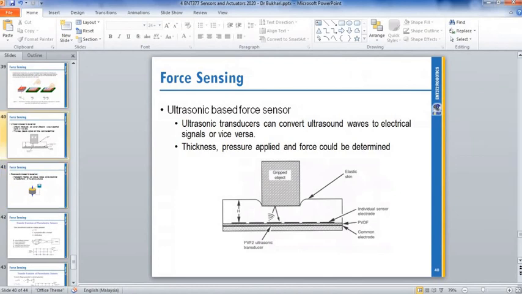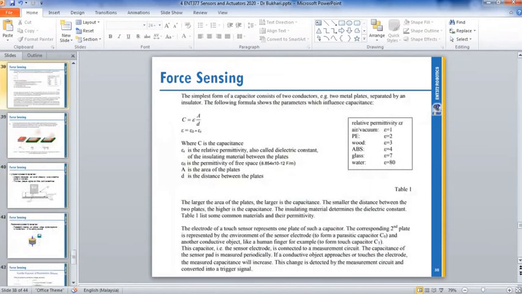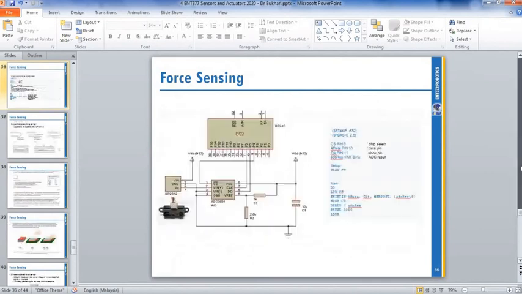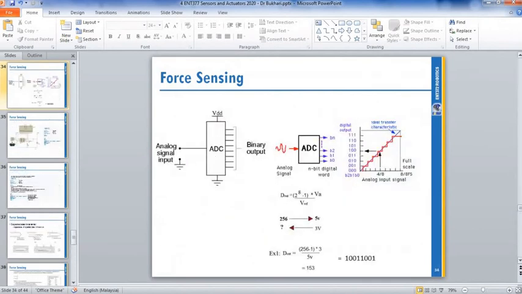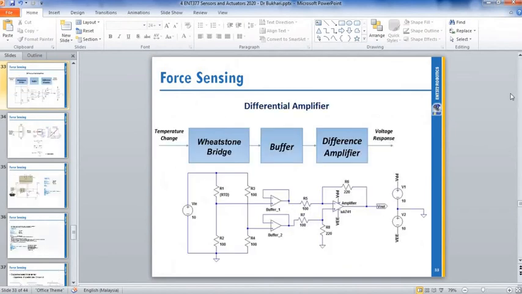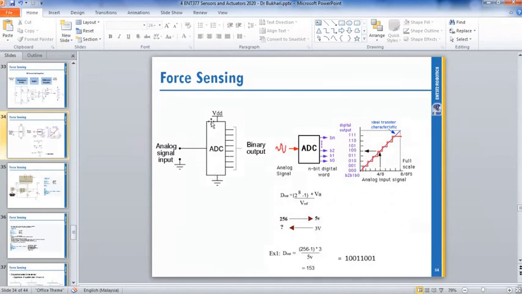So this one, the basic fundamental, I hope has been taught by Prof. Abu Hassan. So I just focus on the calculation of the sensor, and then how we connect the signal after we calculate the value of the sensor, how we prevent noise, how we amplify the signal, and then how we convert to ADC, to digital, and then connect to the microcontroller.